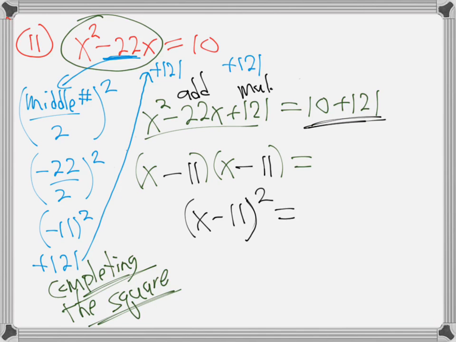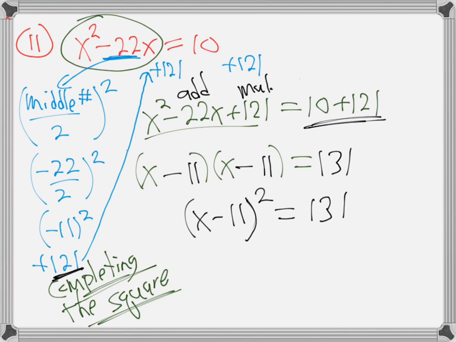What's on the other side, by the way? 131. Do you see how that 121 gave it just what it needed, completed it, so that it would factor as a square? Which is super great, because once we have a square, we can finish this problem.